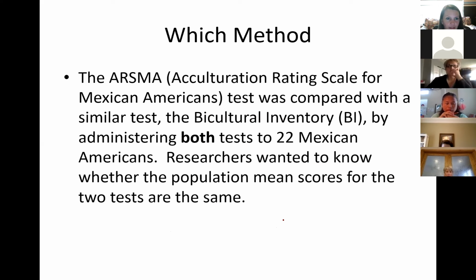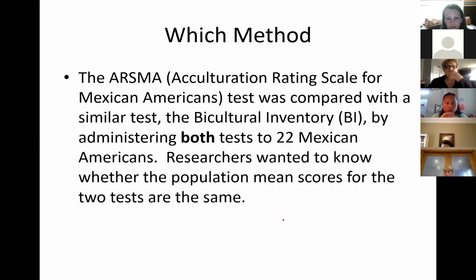The next one, the ARSMA, I don't know how to say that word, acculturation rating scale for Mexican Americans test was compared with a similar test, the bicultural inventory, by administering both tests to 22 Mexican Americans. Researchers wanted to know whether the population mean scores for the 2 tests are the same.